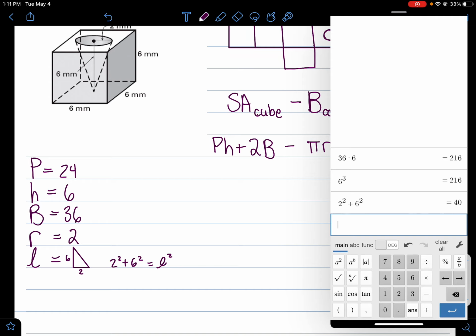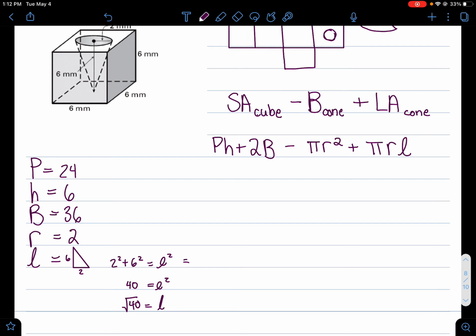And so 40 is our slant height squared. We don't want the slant height squared, we want the slant height. So we take the square root of that. And so our slant height is square root of 40. Can you get a decimal? Sure. Is it easier just to put this there? It is.